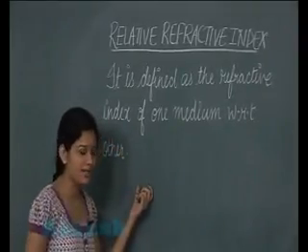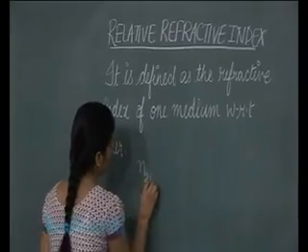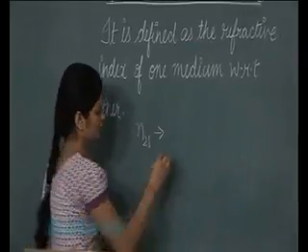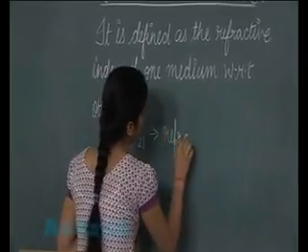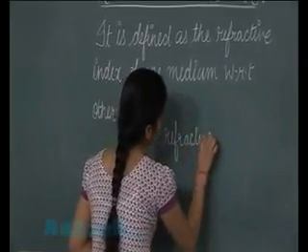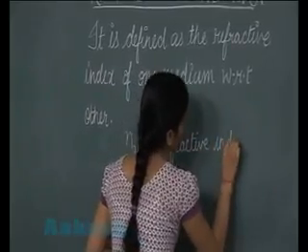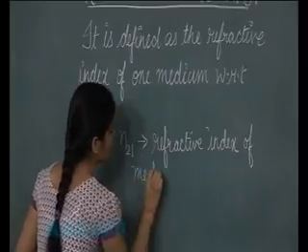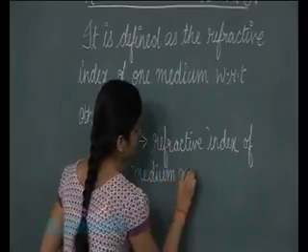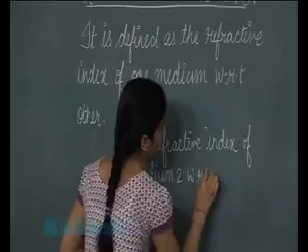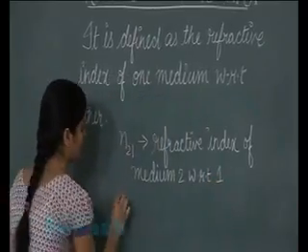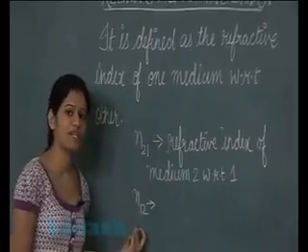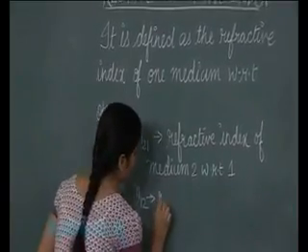It is shown by the symbol N21, which is the refractive index of medium 2 with respect to medium 1, and N12 is the refractive index of medium 1 with respect to medium 2.